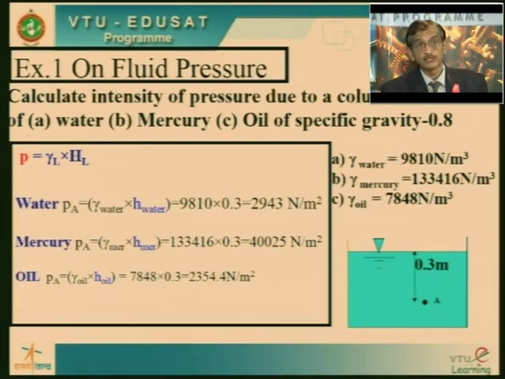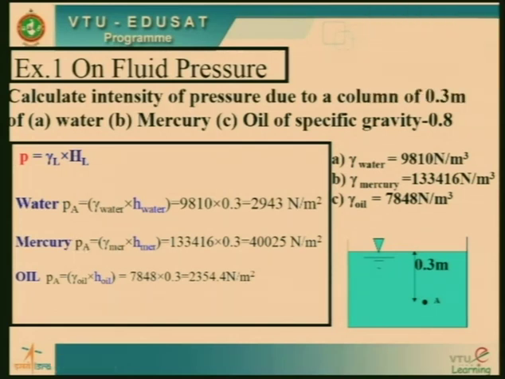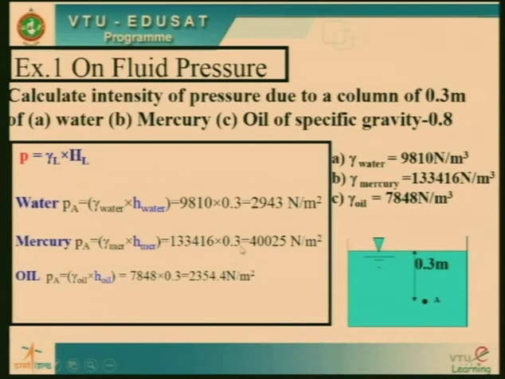Now you will be thinking, okay sir, we will go for mercury now. The second case is mercury, which is a bit heavy. Mercury is 13.6 times heavier than water. So obviously, by common sense also, the pressure will be more. We will apply the same logic: the specific weight of mercury multiplied by 0.3.